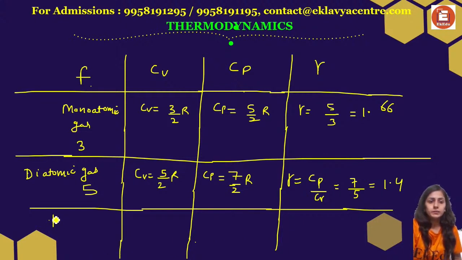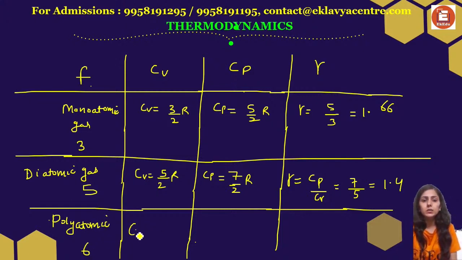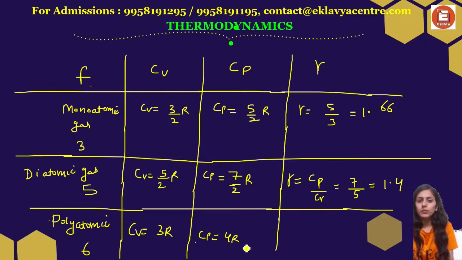In case of polyatomic gas, the degree of freedom is 6. So Cv is equal to 3R, and Cp will be 4R. So the value of gamma will be 4 upon 3, which is 1.33.